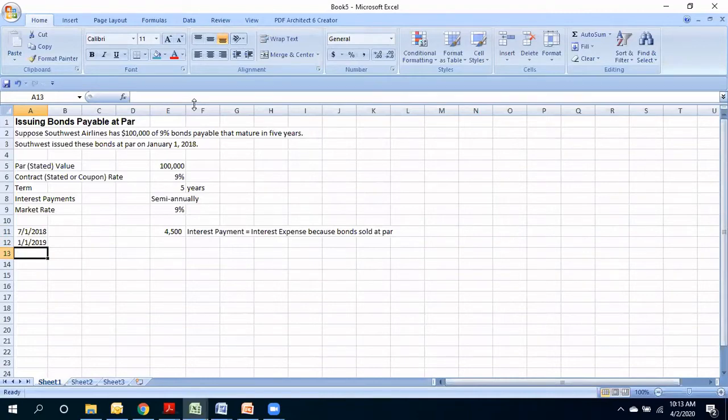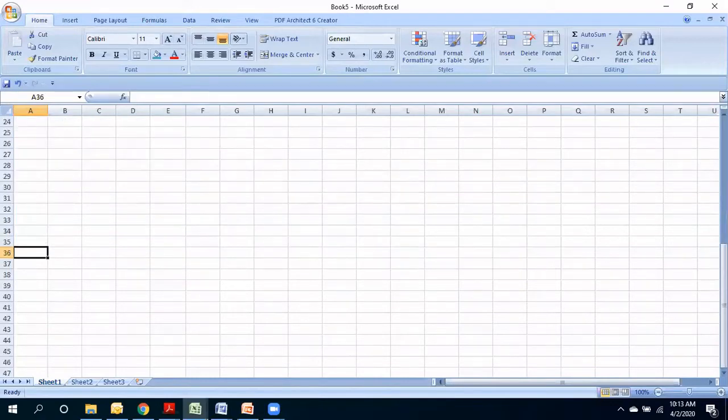There would be an adjusting entry on December 31st of 2018 for the interest expense. I'm going to skip over that, but the textbook does address it.